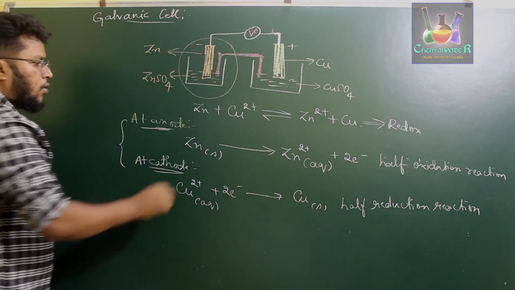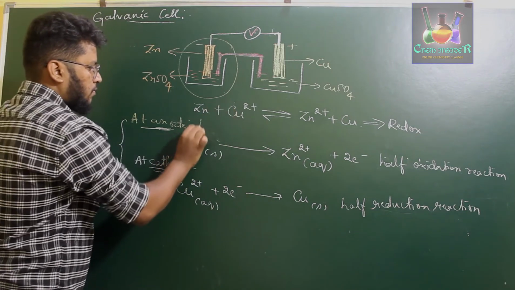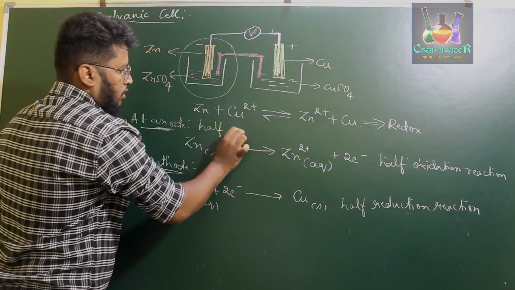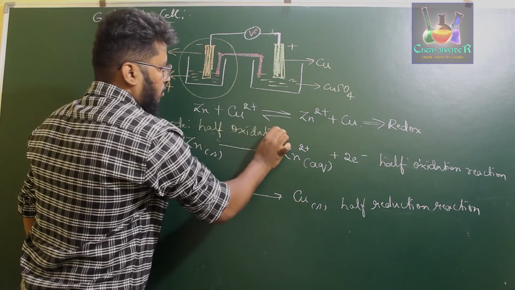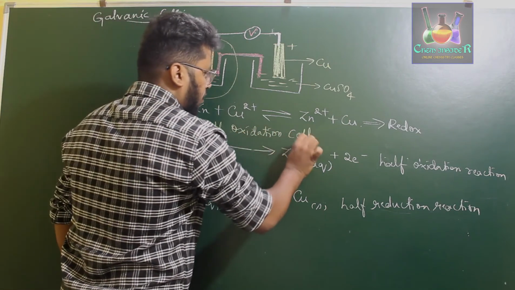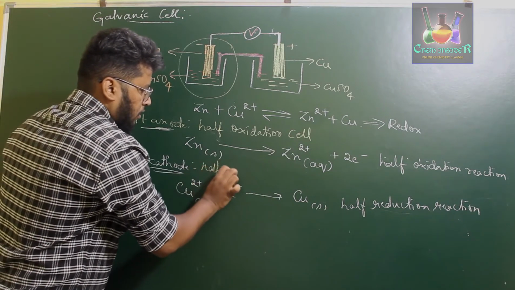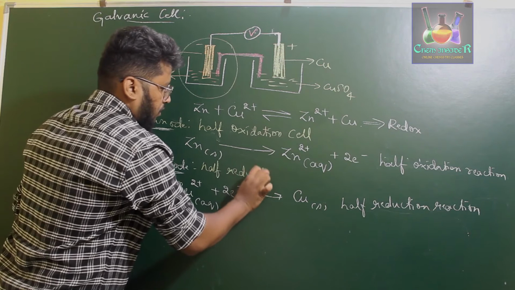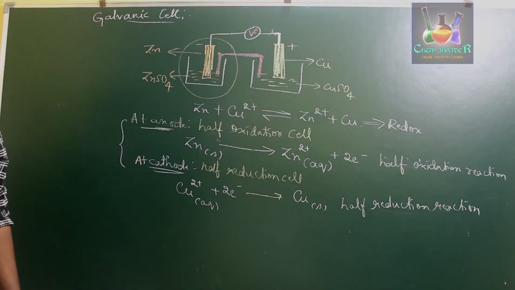Therefore, at the anode the components can be called the half oxidation cell, whereas at the cathode they can be called the half reduction cell.